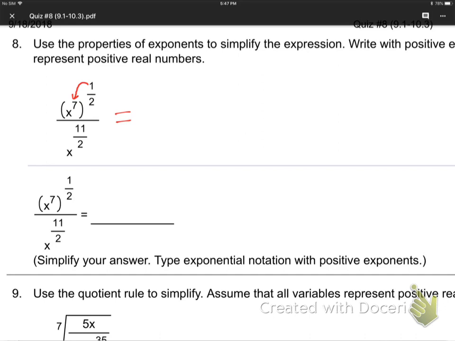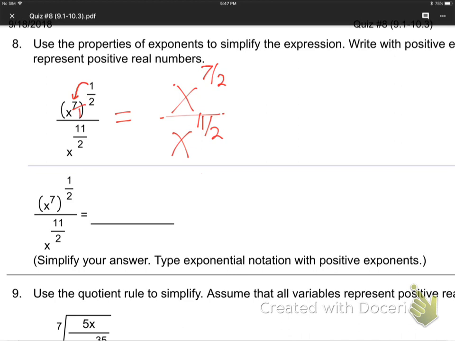So we get x to the 7 halves over x to the 11 halves. See what happened there? The 7 over 1, the half multiplied the 7 over 1, right? The whole number 7 is 7 over 1, so it multiplied.